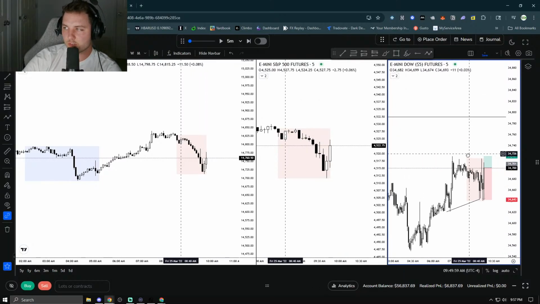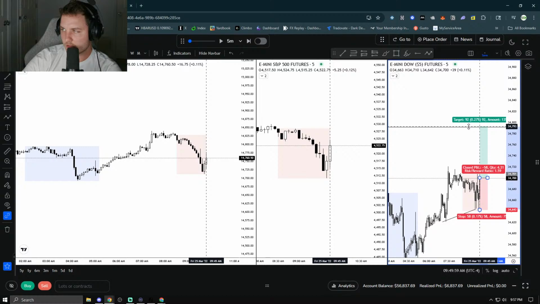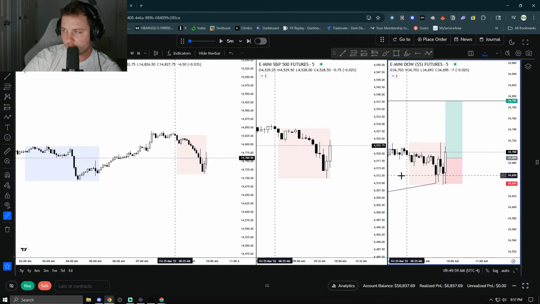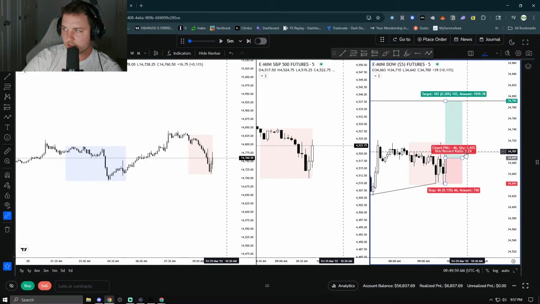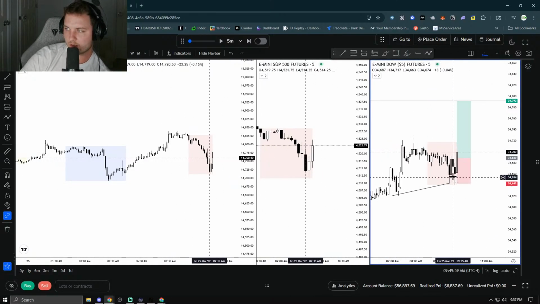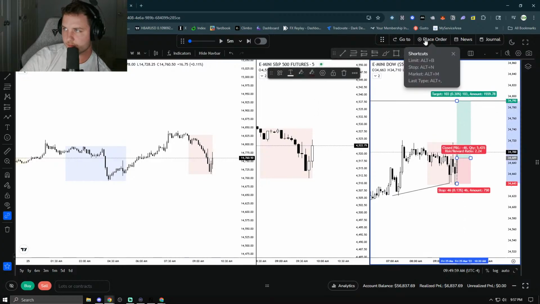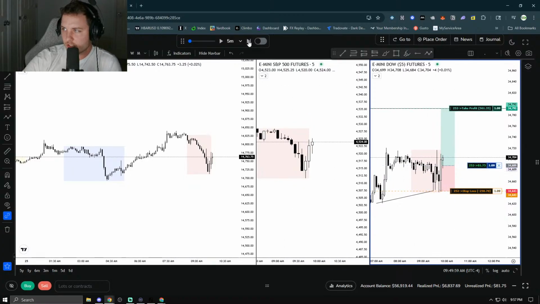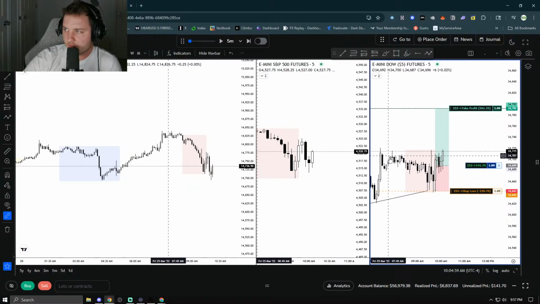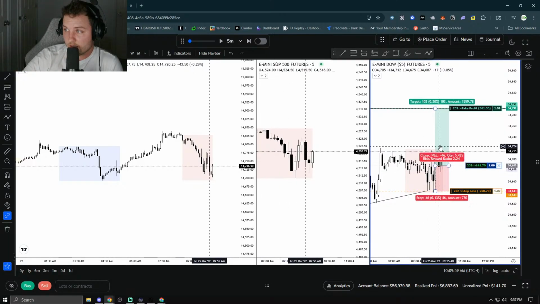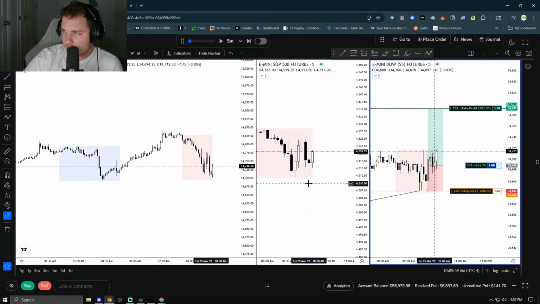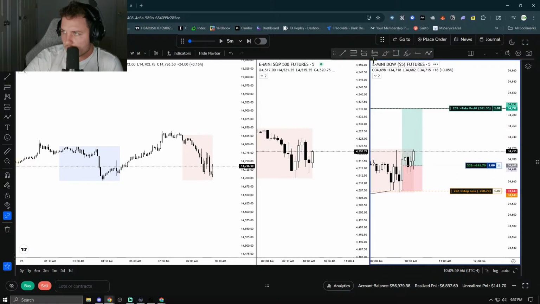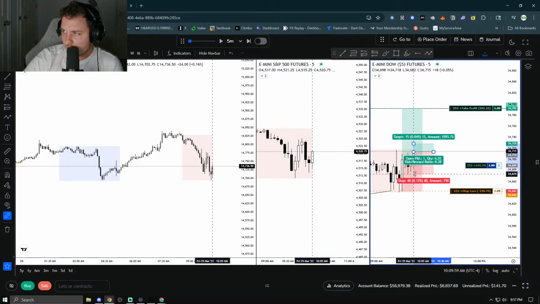So this is the reversal. Nah. Oh my god. This is the reversal though. I feel like I'm just gonna get screwed on this. But ideally you'd want to trade the continuation. Like this. Yeah, I think I would.